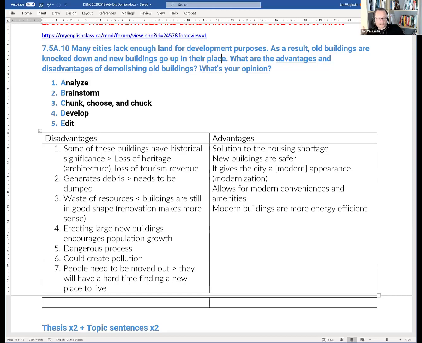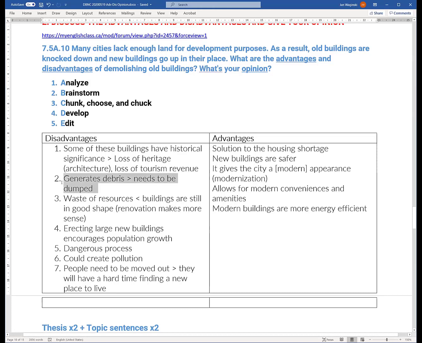Yes, there's all kinds of issues. These are separate disadvantages, right? Yes. The question is, I can't say two reasons in one paragraph, like different reasons. Sure. Put them both in the topic sentence.